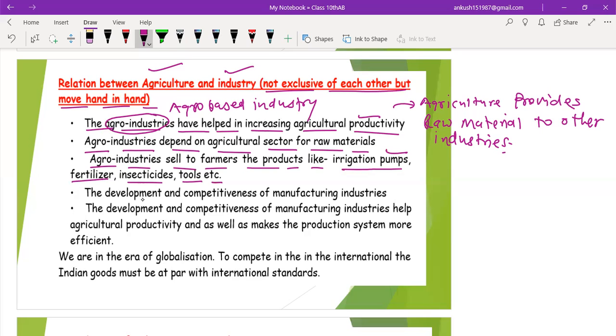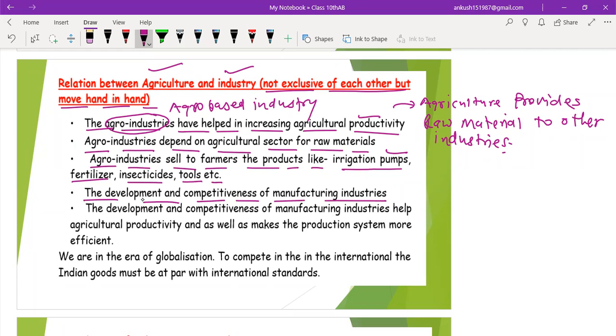They provide such things to the farmers, and farmers in turn, by using that mechanized way of equipment, they produce the raw material, and those raw material are being sent to the industries or manufacturing unit to be produced another product or finished goods.